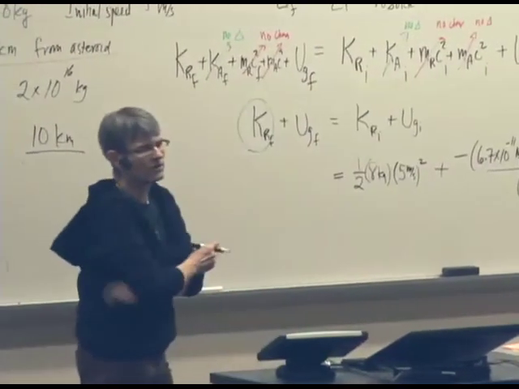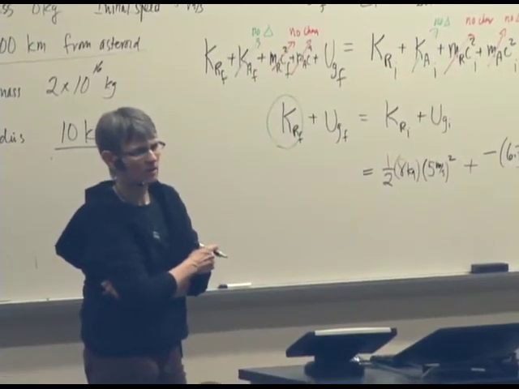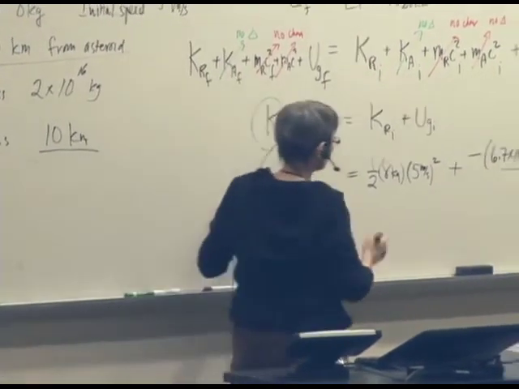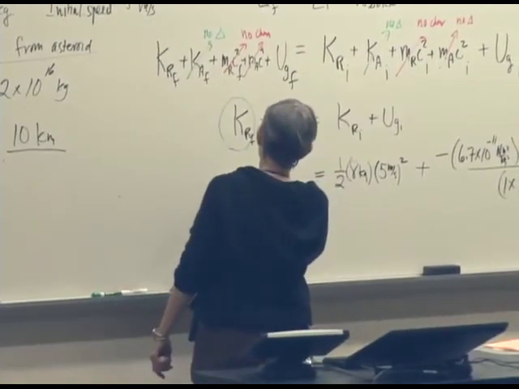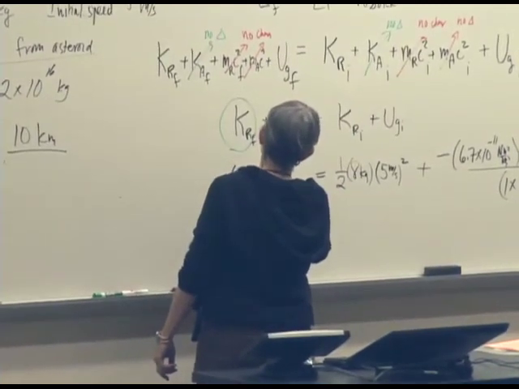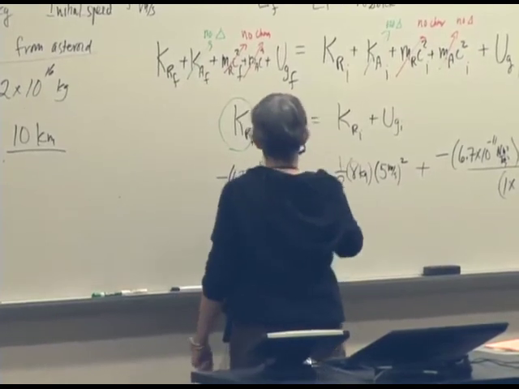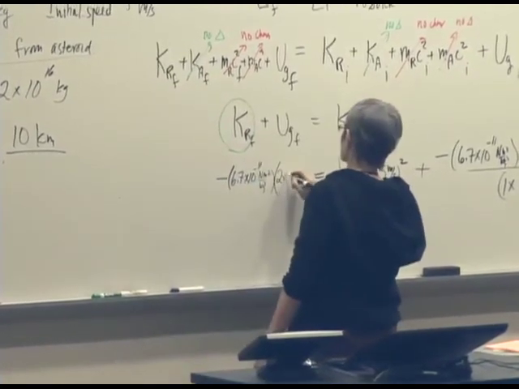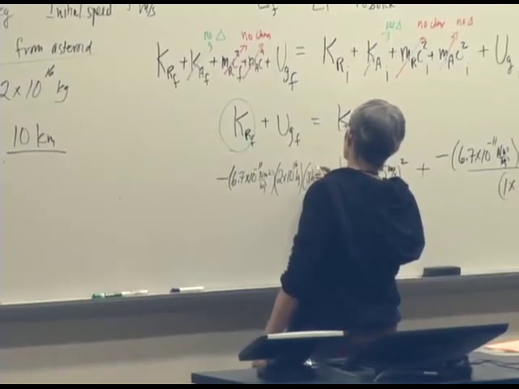What's the final gravitational potential energy? We better be able to calculate that. Same thing, except the only difference is the distance. So we've got a minus 6.7 times 10 to the negative 11 newton meters squared per kilogram squared. We've got 2 times 10 to the 16 kilograms, 8 kilograms.